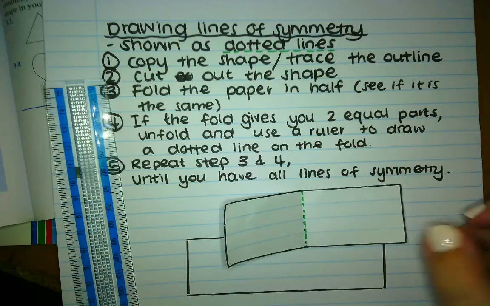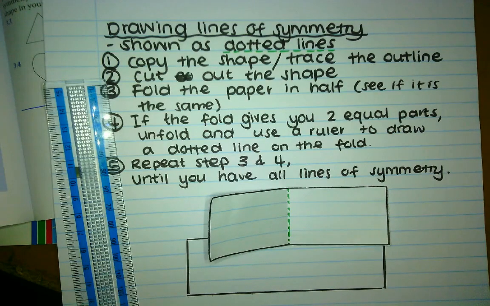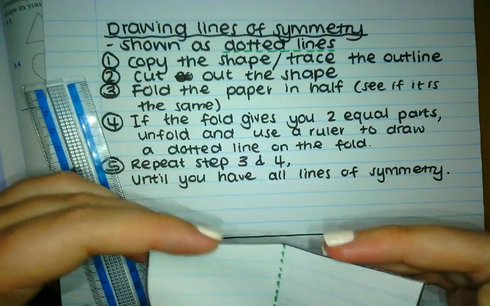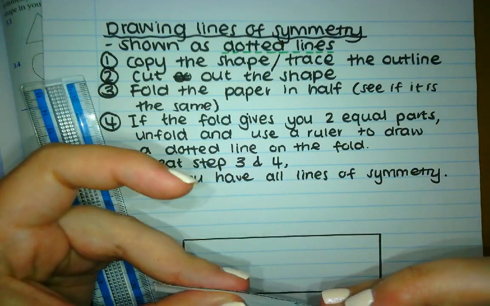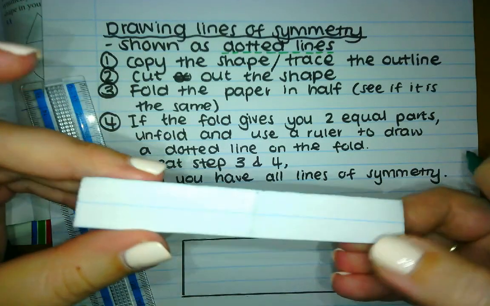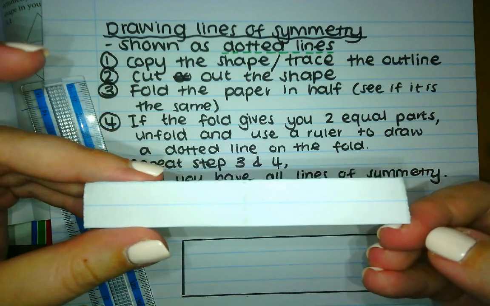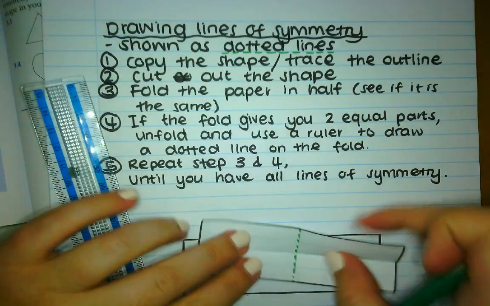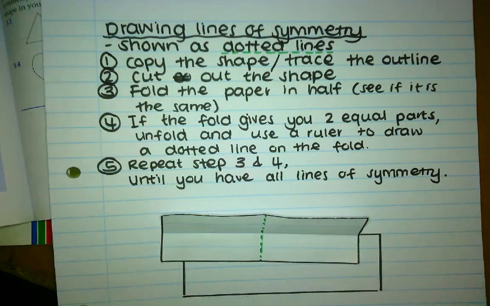So I've got one line of symmetry already. So I'm going to do the same thing this way. Okay, so it's the same. So my dotted line goes in the middle.